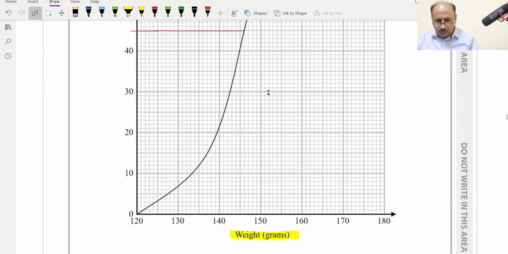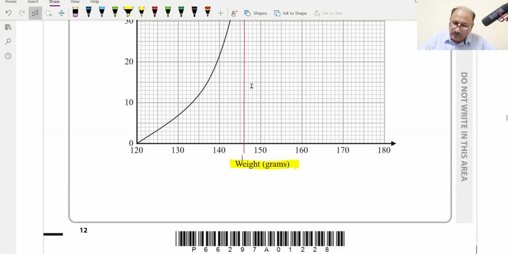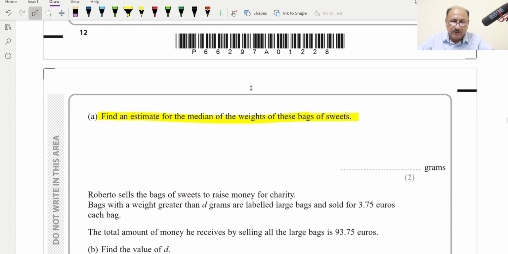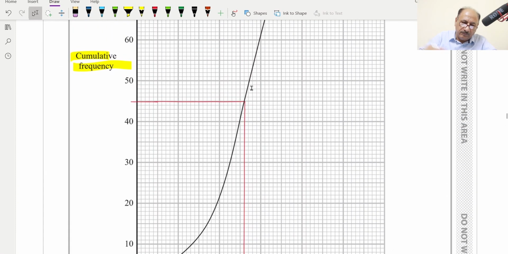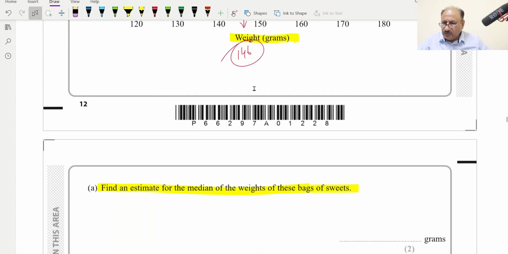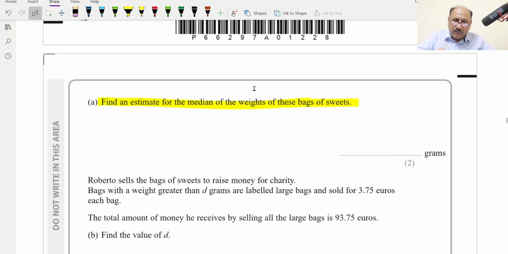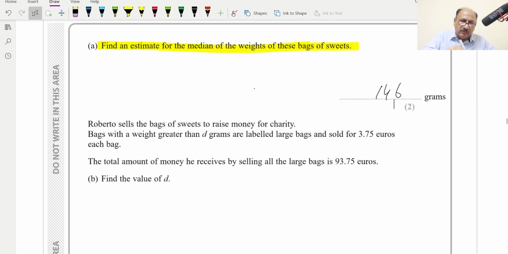From this side also we can check for 45. This will be the reference, and this is 40, then 45, and this is 46. So this value will be 146, and this will be the 50th percentile. So we can write here 146 grams.